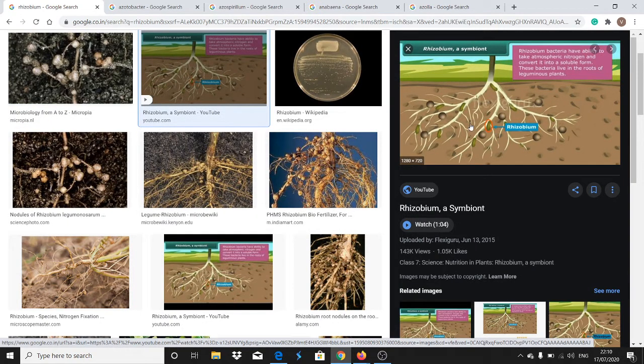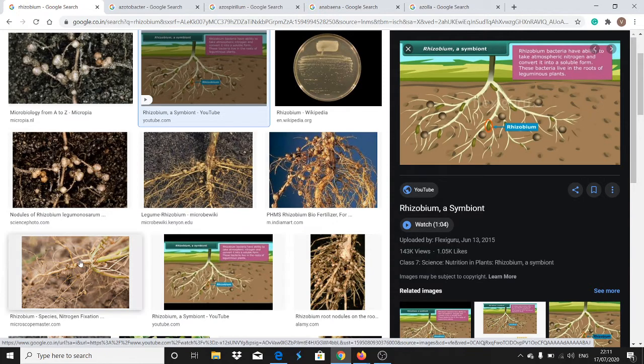Now, see, this is the symbiotic association. Rhizobium bacteria has the ability to take atmospheric nitrogen and convert it into soluble form. Rhizobium acts as the symbiont. So you can observe this is the soil, and the roots are inside the soil, and the root nodules are formed on them, and these are the Rhizobium.